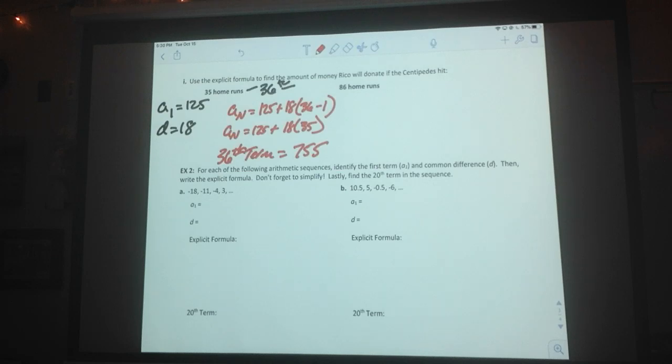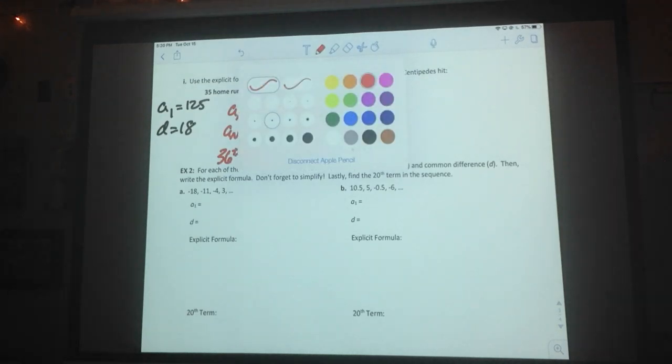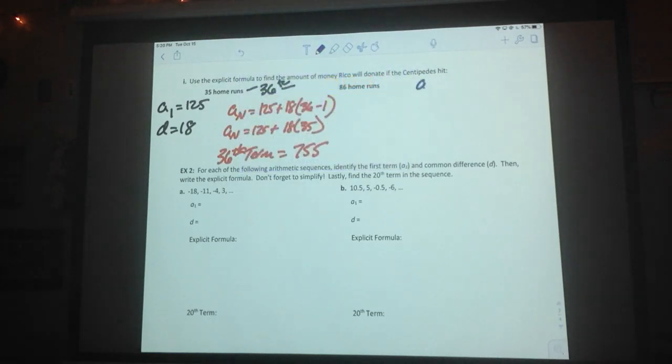Now I'm going to do it using my original formula so you can see it both ways. You saw how I plugged 36 in for n and solved down. Now remember, my formula is A of n equals 18n plus 107. That was the simplified formula that we created from the original. Now at 86 home runs, this is my 87th term.